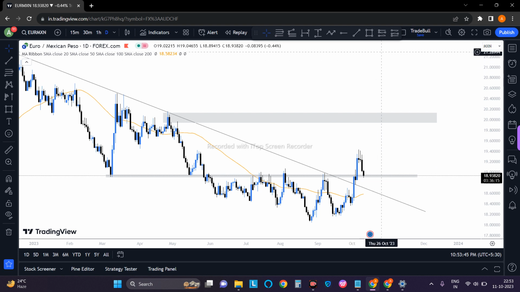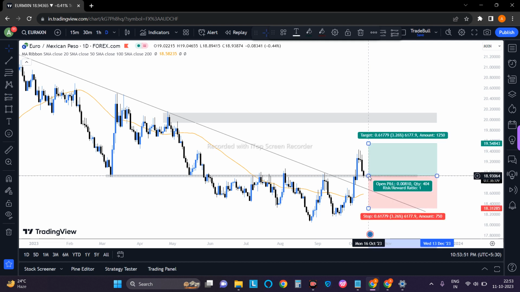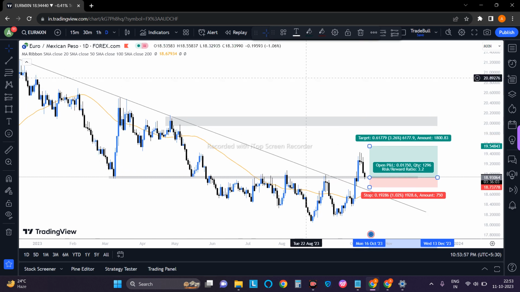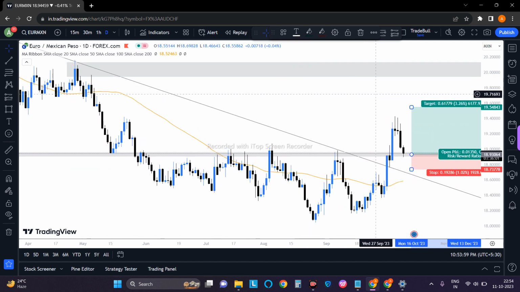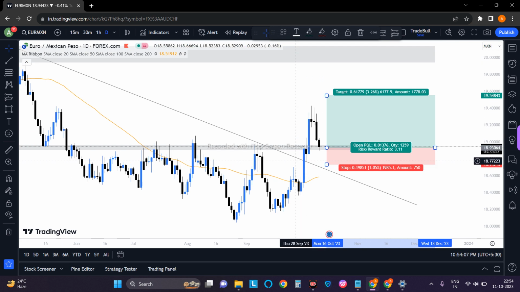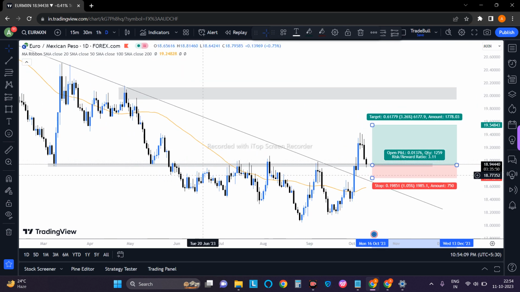Now the thing about risk and reward, guys, so let's see. If I'm entering this trade right here and my stop loss is say somewhere around here, right below this wick, because this seems like a logical level, since here price tested multiple times.